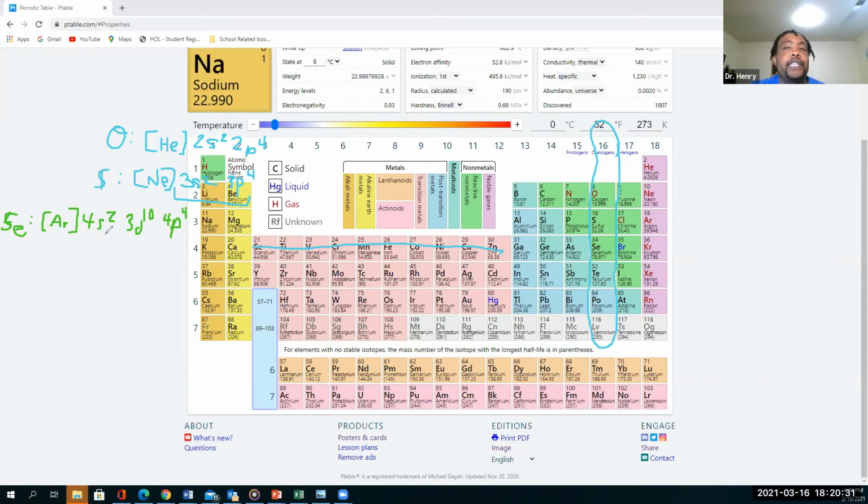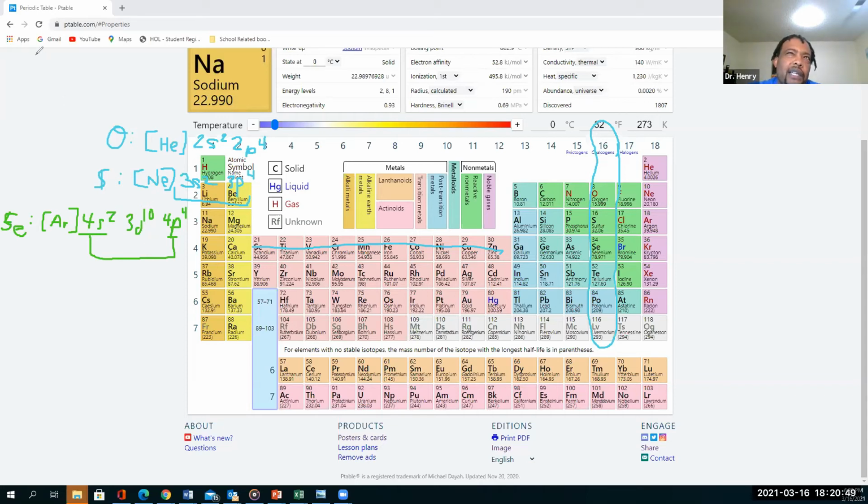But if we look at the highest energy level, which is a 4, we have the 4s and the 4p. These are what we primarily use for valence, because the 3d is filling up that third energy level.